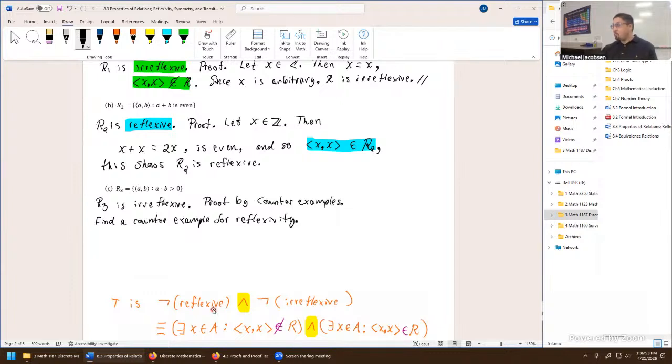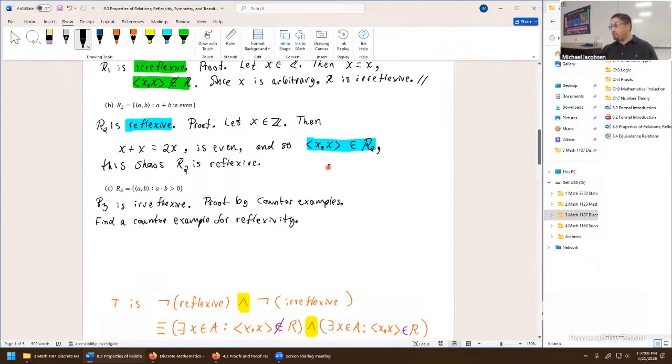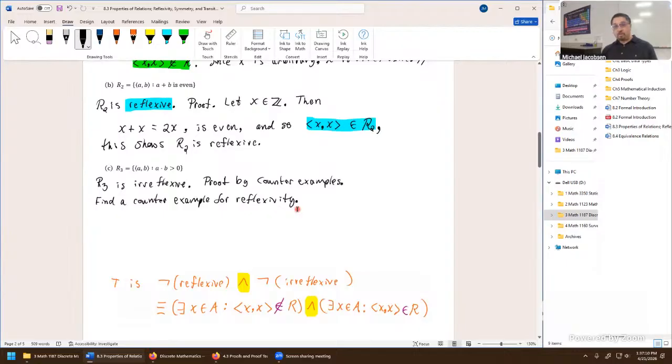So that means we have to find not a generic element X, we need a specific element. The set is Z, all integers, and we need just one integer that's going to negate the condition here. Again, just essentially going for a counterexample. Anyone see what is one integer that would work?